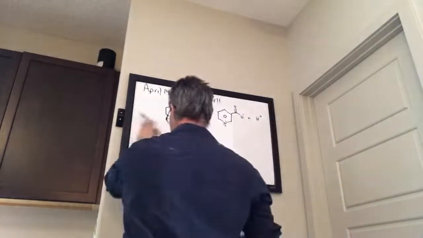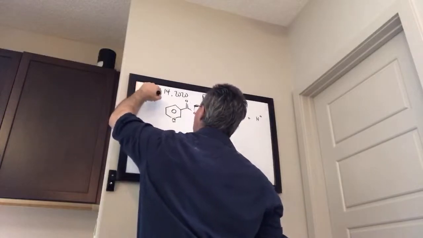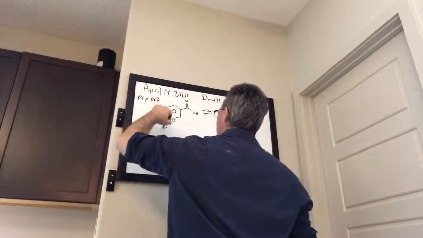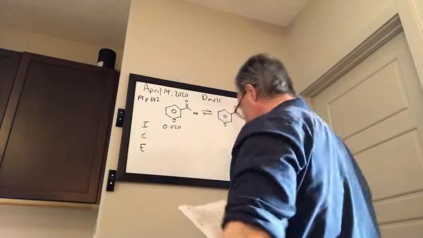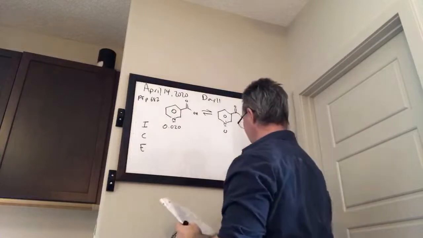You can set up an ICE table: initial, change, and equilibrium. So initially, in the problem, you have 0.020 molar concentration, and you have 0 of the other things. Before the reaction happens, you have 0 and 0 of the products.